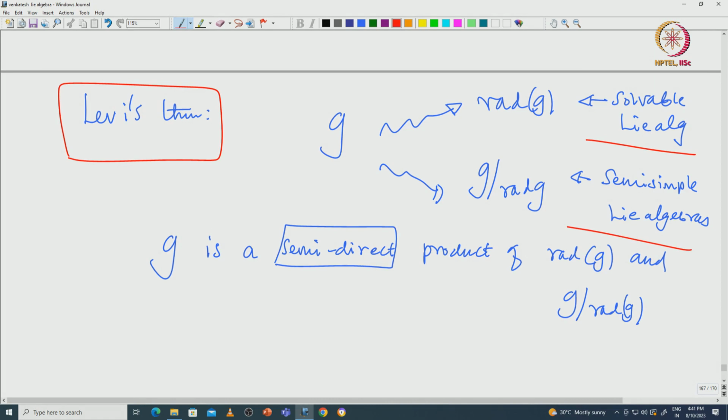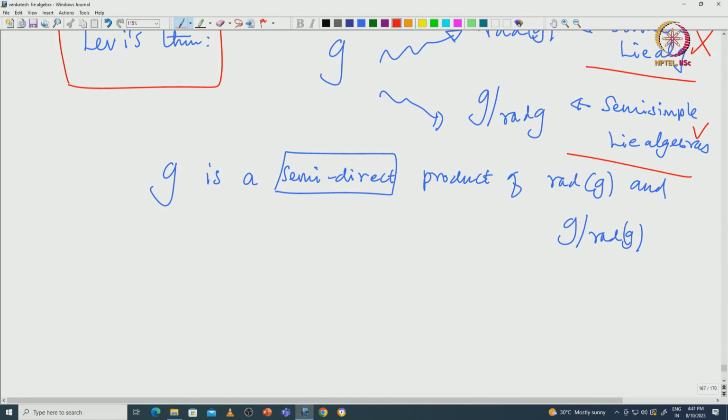The classification of semi-simple Lie algebras is a very complete theory, done by Cartan and Killing. But the classification of solvable algebras is not that easy, and it also gets very ugly. So, we will not focus on the classification of solvable algebras in this course. We will only focus on the classification of semi-simple algebras.